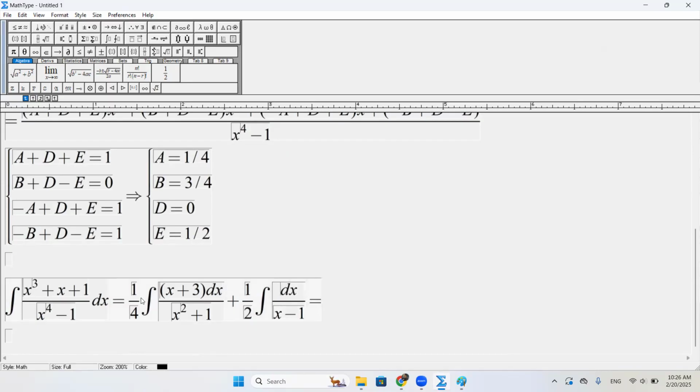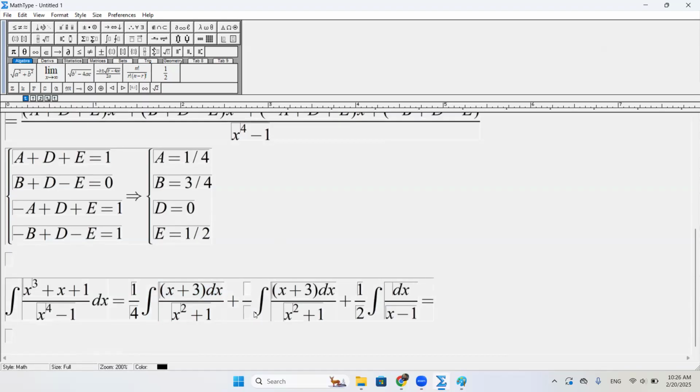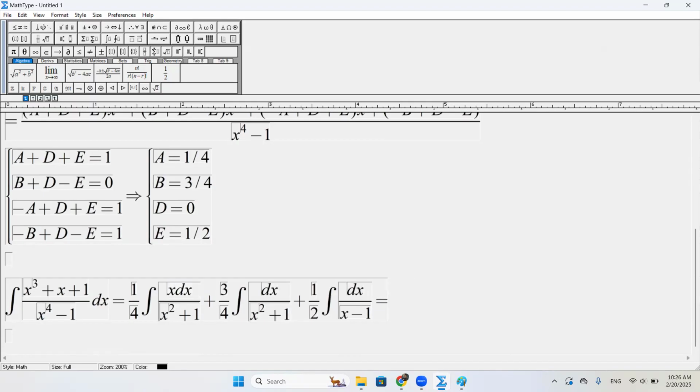So what do we actually have here? Let's rewrite it to a sum of integrals, so it will be easier. So 3 over 4 dx here plus 1 over 4 of x dx.